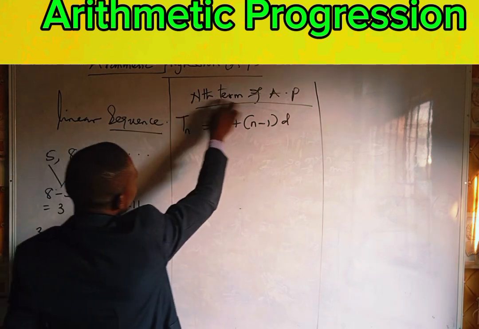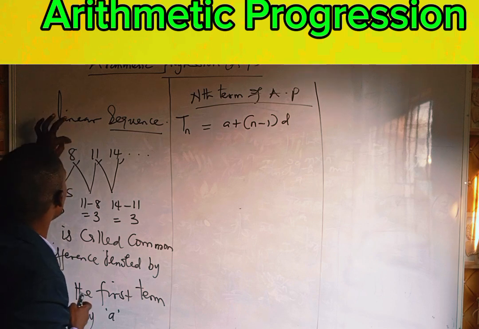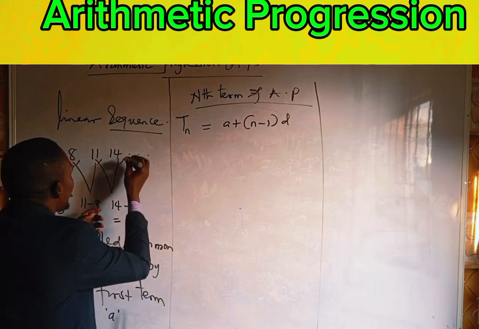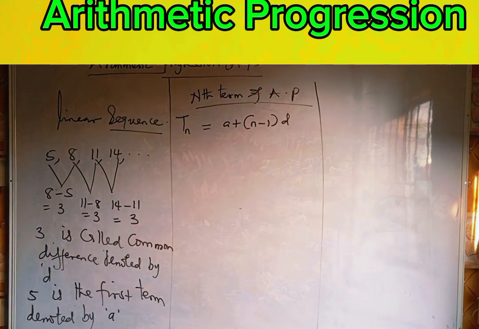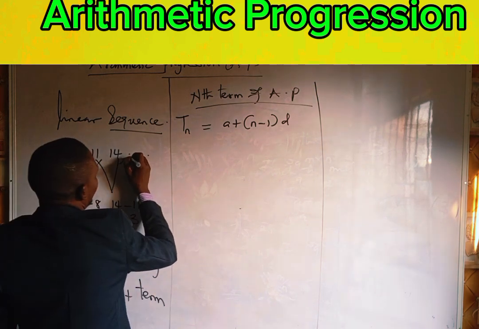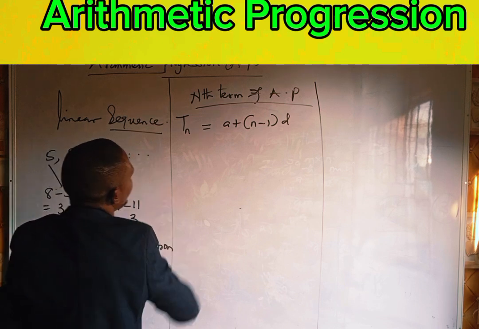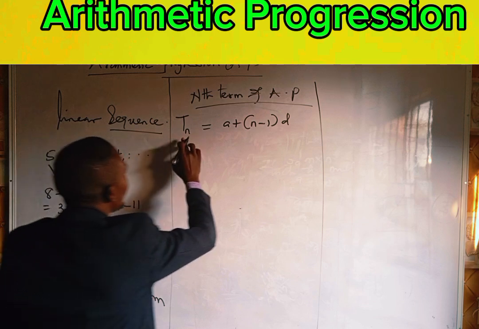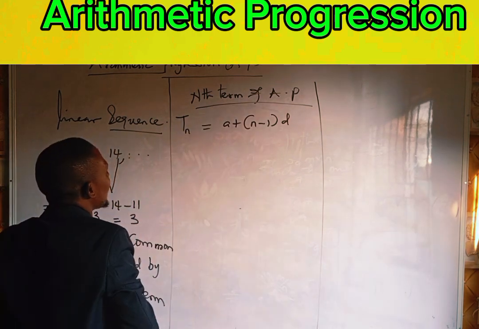What do I mean by nth term? The position. For instance, here we know the first position, second, third, fourth. Now, what of the fifth position here? What of the sixth position? The seventh position. Did you get that? That is the meaning of nth term.